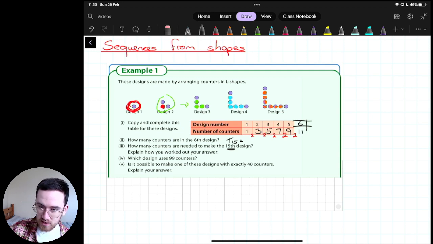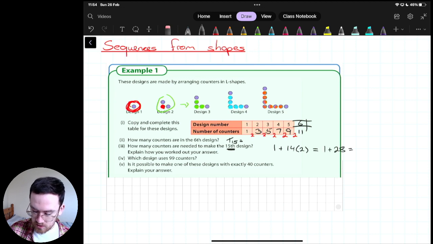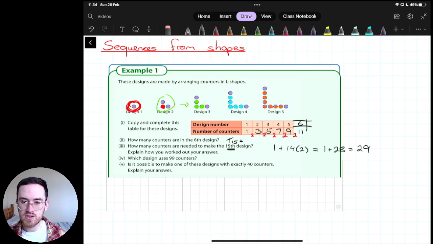So each time I'm adding on one fewer 2's, I suppose. So to get the 15th design, I need to add on 1 plus 14 2's. Okay, so 1 plus 28, which gives me an answer of 29. So the number of 2's that I'm adding on is just 1 less than whichever term number I'm looking for. I'm relating them back to the previous term.